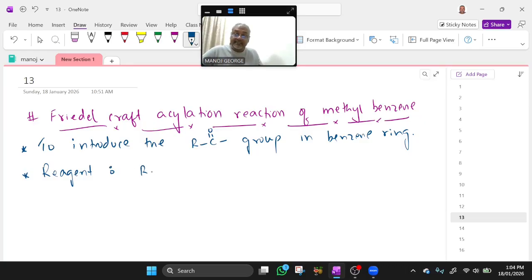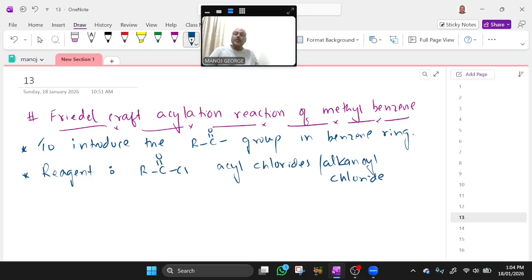This is the acyl chlorides. You remember? They are called acyl chlorides. They are named as alkanoyl chloride. This is the naming: alkanoyl chloride, like ethanoyl chloride, propanoyl chloride.